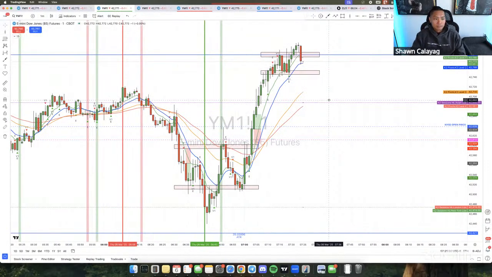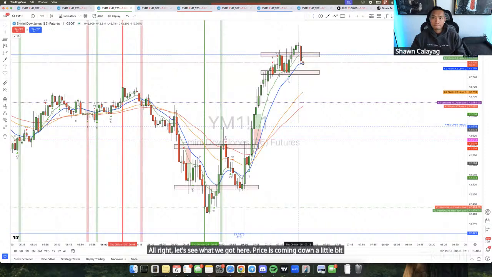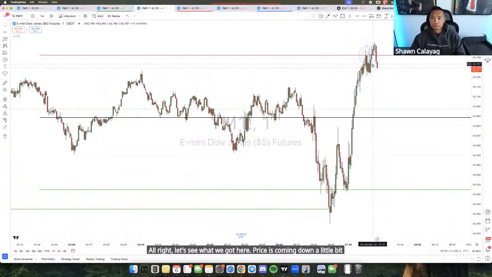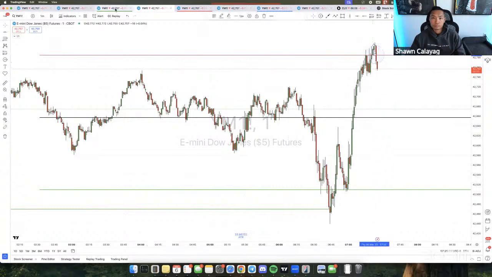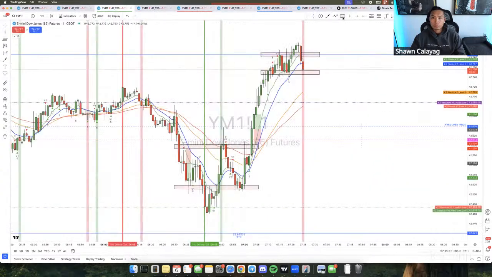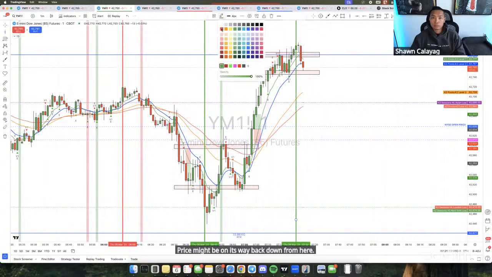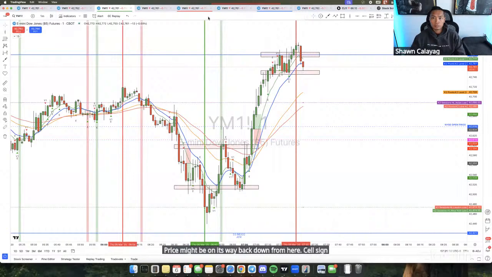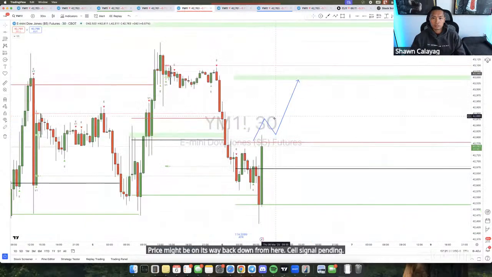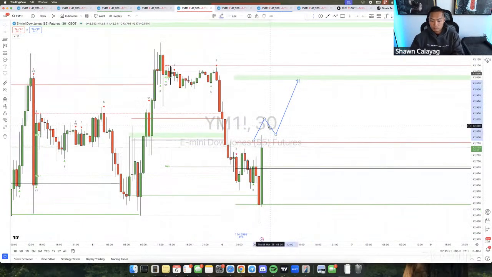All right, let's see what we got here. Price is coming down a little bit. Price might be on its way back down from here. Sell signal pending. So we got a couple of rejections off here.